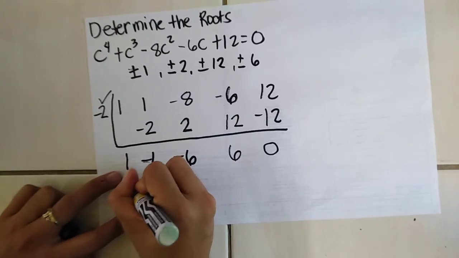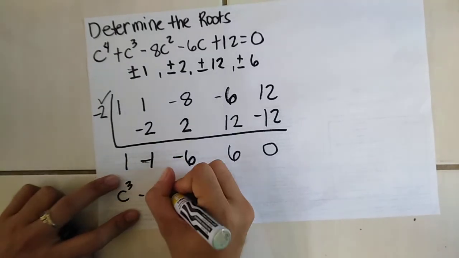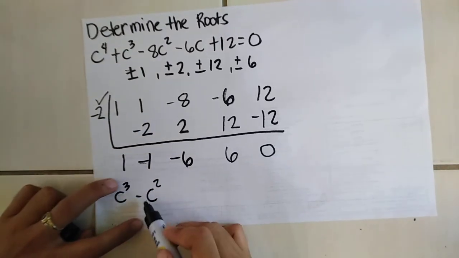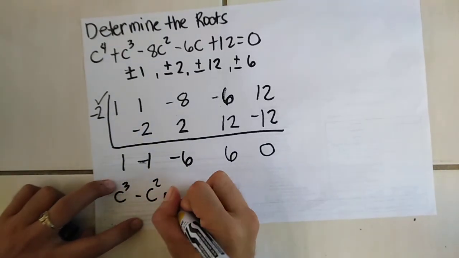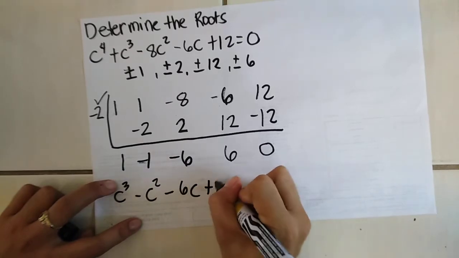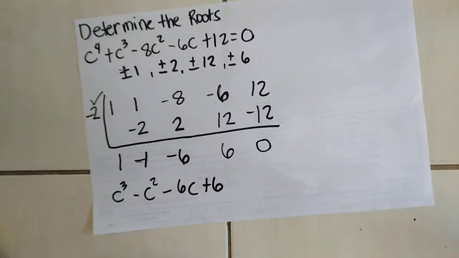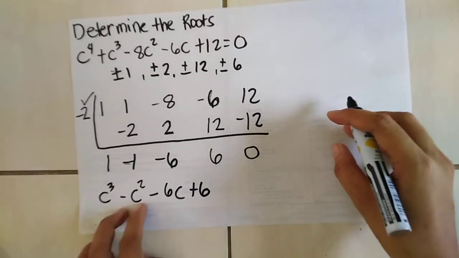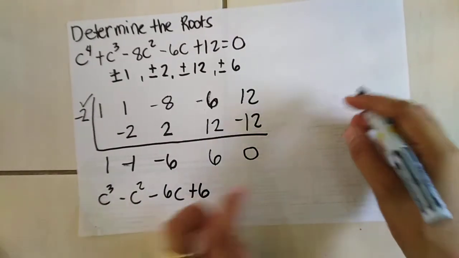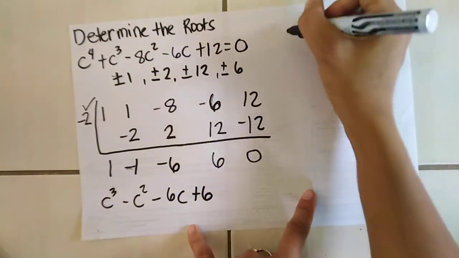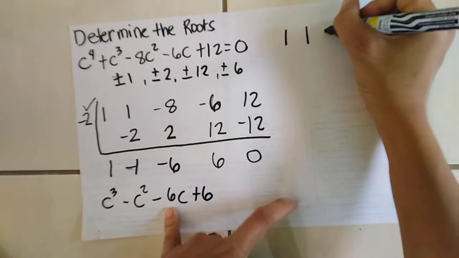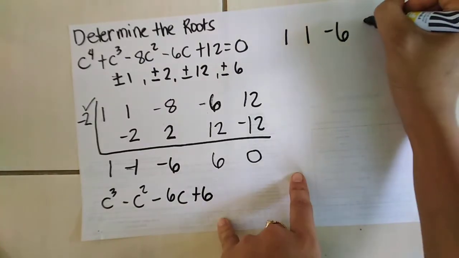This will become c cubed minus c squared, or 1c cubed minus 1c squared, minus 6c plus 6. Okay? Then we can solve this using synthetic division. We have 1, then 1, then negative 6, and then 6.